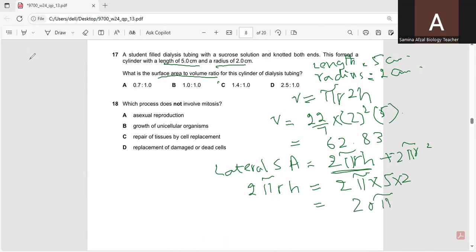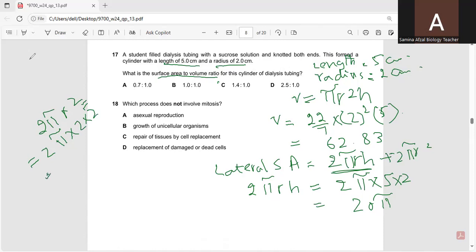And on the other hand, we calculate 2 pi r square, which is equal to 2 pi into 2 into 2.